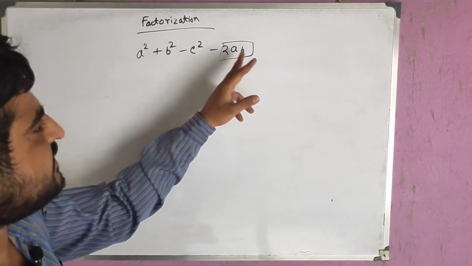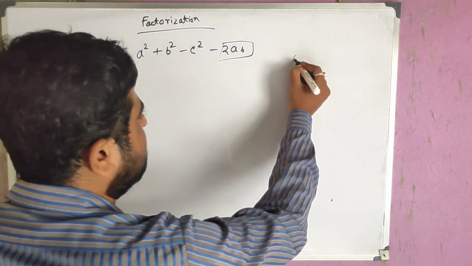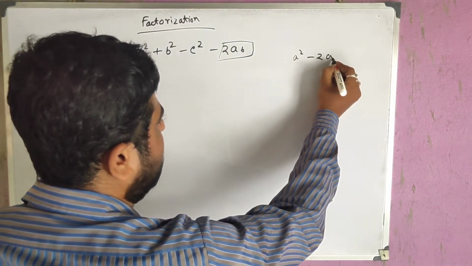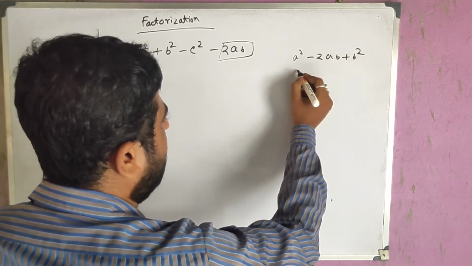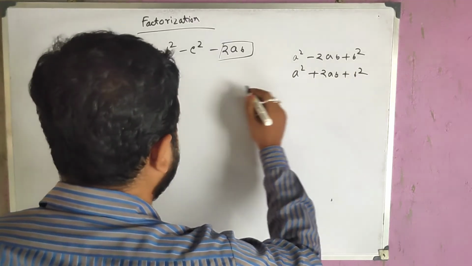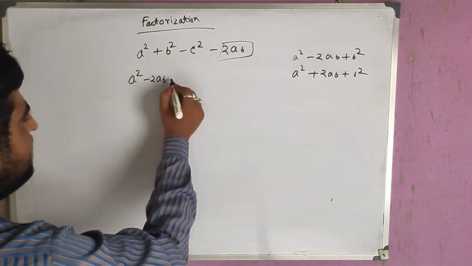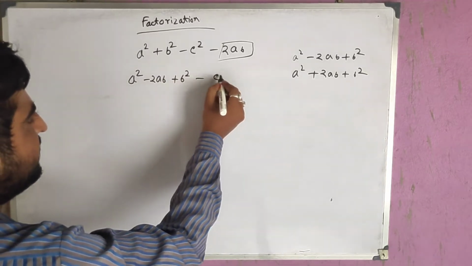So here 2ab is given, in 2ab only. So complete the formula. There are two types of formula: one is a square minus 2ab plus b square, or a square plus 2ab plus b square. So here a square minus 2ab plus b square.